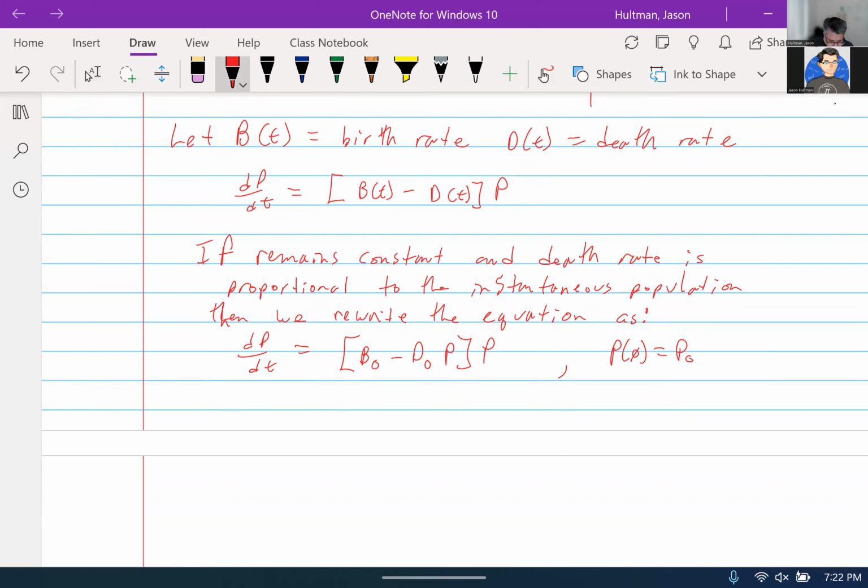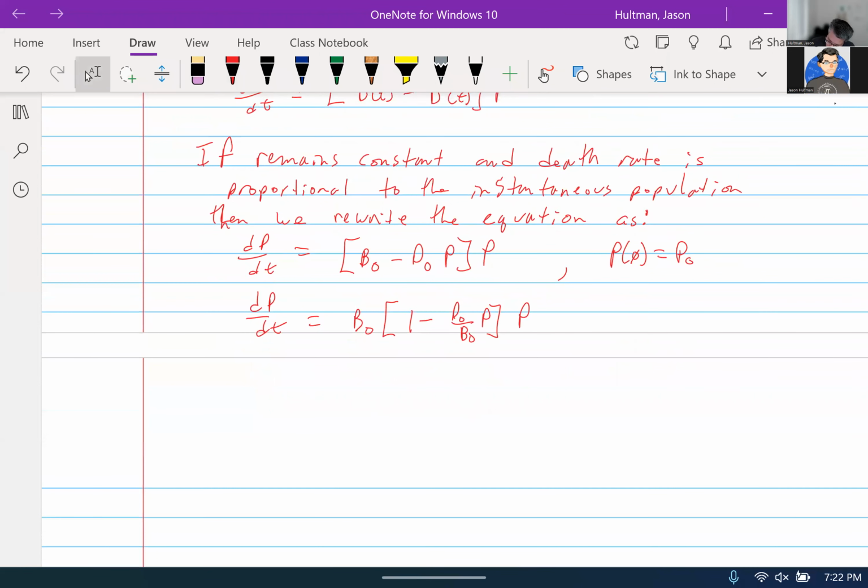Okay, I'm going to factor out a b naught. So dP/dt is equal to b naught times 1 minus d naught over b naught P, times P. I just want to put it in a certain form, so let r equal b naught, the birth rate at time 0, and C equal b naught over d naught, which is the initial birth rate over the initial death rate.